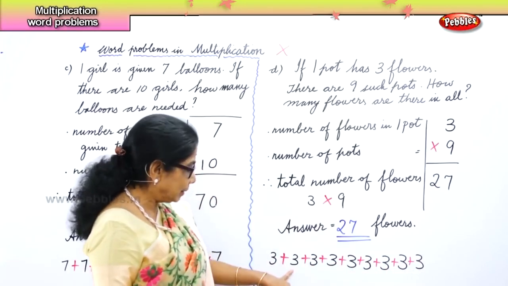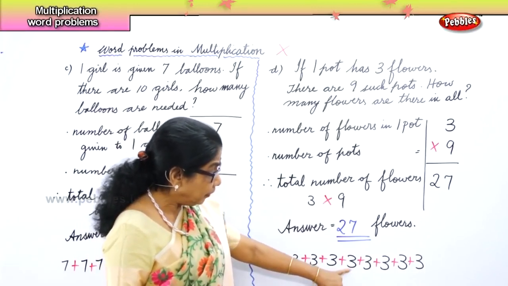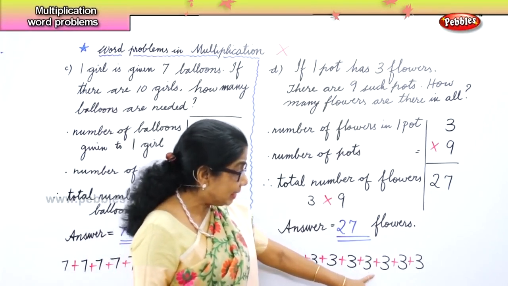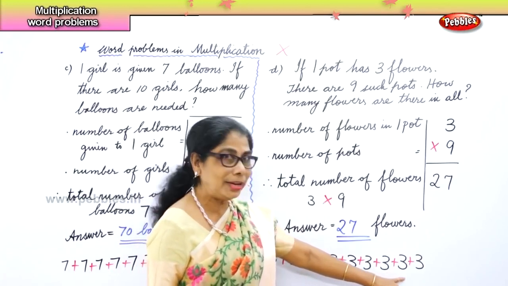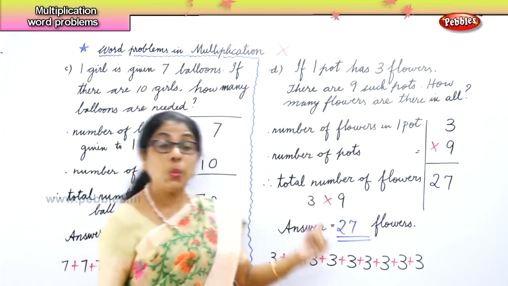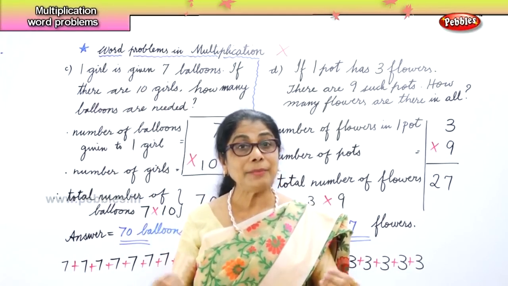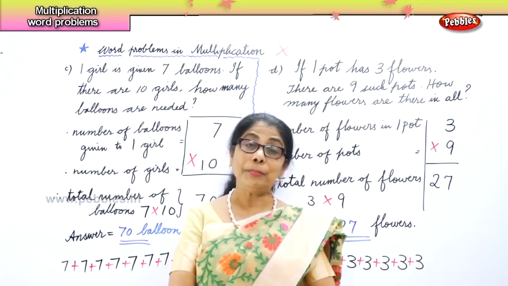So 3, 6, 9, 12, 15, 18, 21, 24 and 27. So we learn to do word problems in multiplication. We learn to write the statements in multiplication problem.